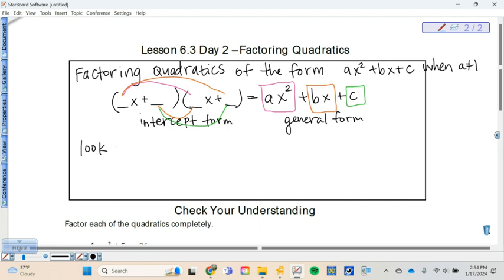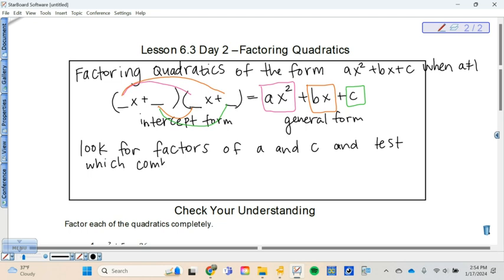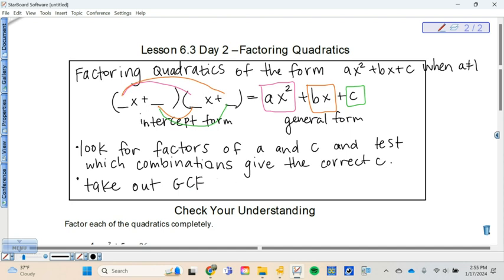So we have to look for factors of A and C, and test which combinations give the correct C. Okay, and if there is a GCF, take it out first, if possible.